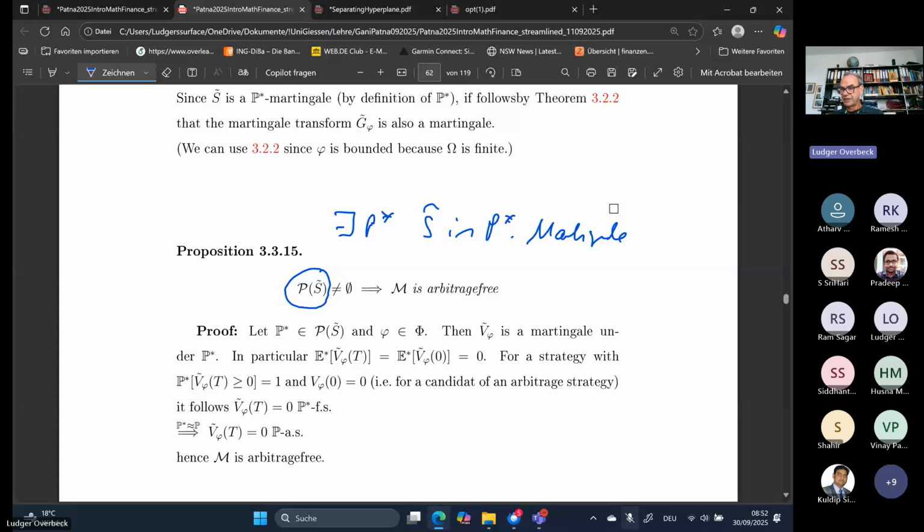But then it follows that a non-negative variable with 0 expectation must be 0 almost surely.